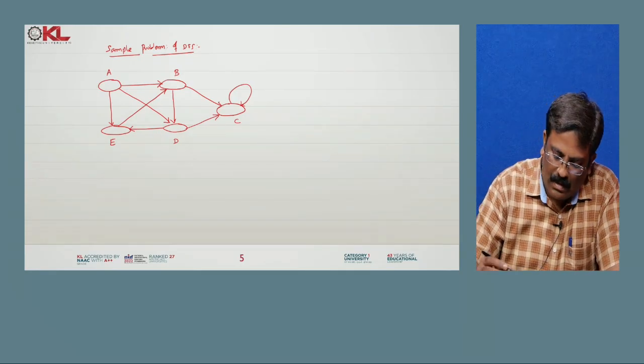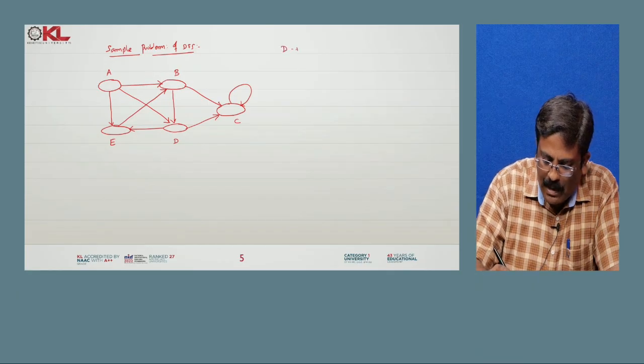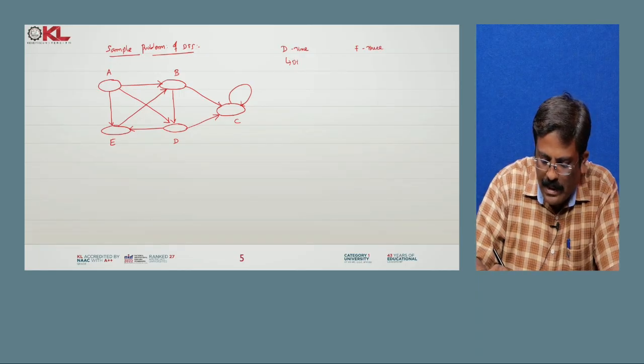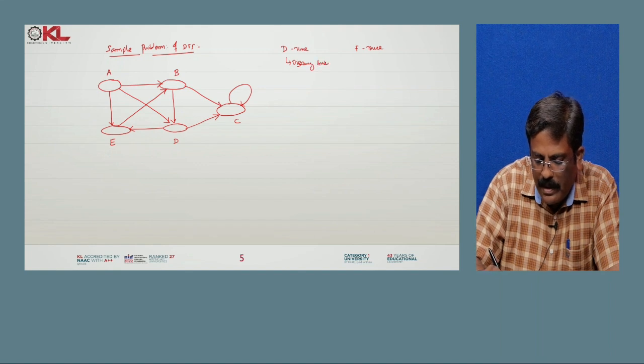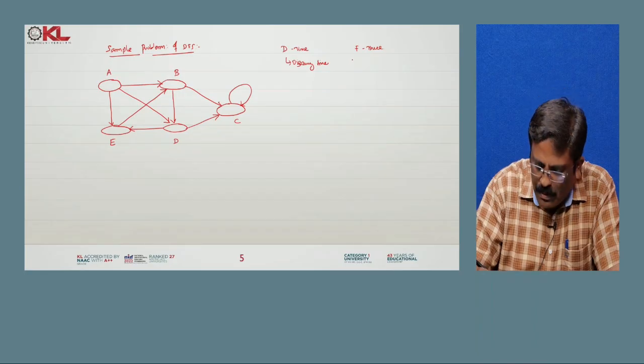In DFS there are two times we are going to follow. We have two types of timing scales: one is D time and the next one is F time. D time indicates the discovery time, meaning the time at which we identify that particular node.